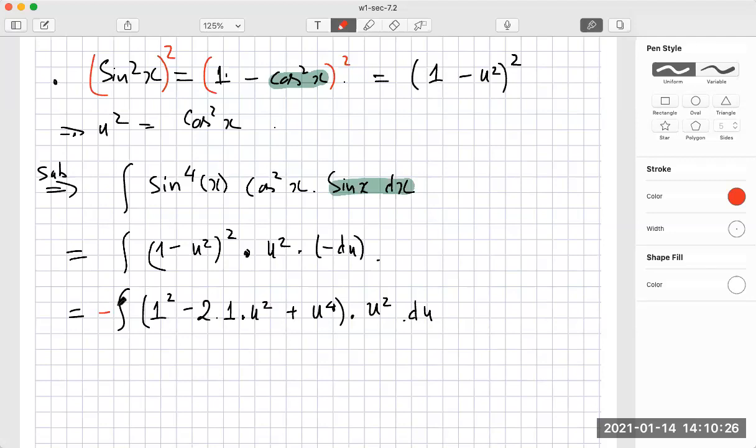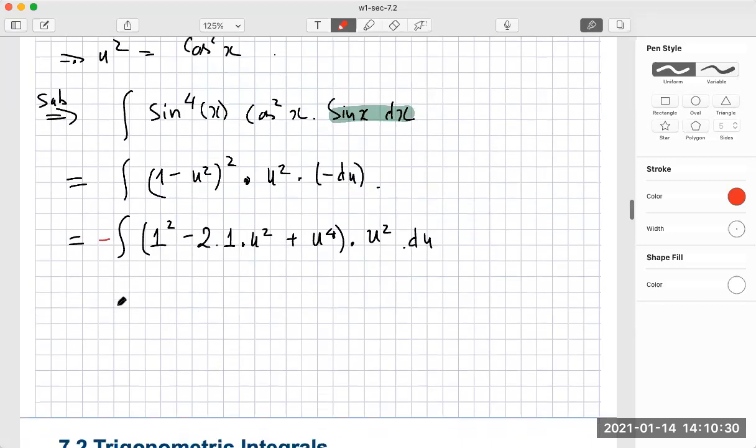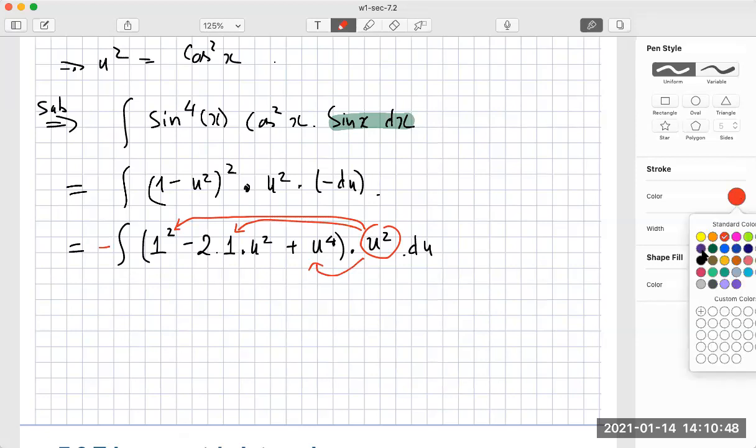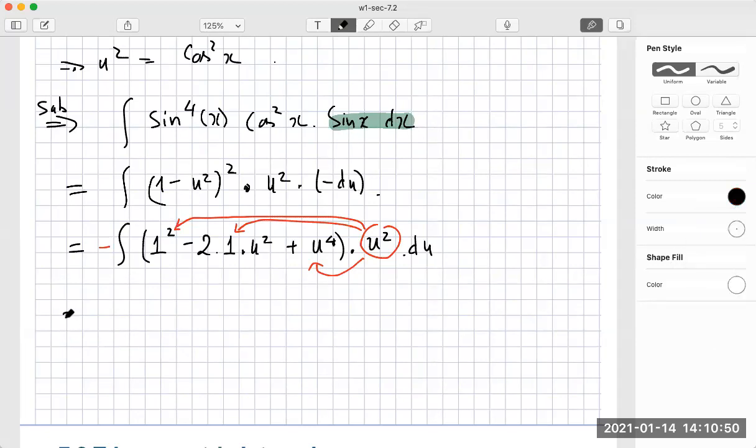Yes, distribute it. Distribution rule, okay? So u squared here will multiply with each of these guys. Which gives us, remember, there is a negative sign in front of this.